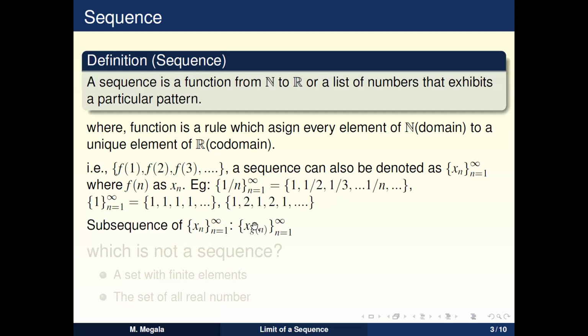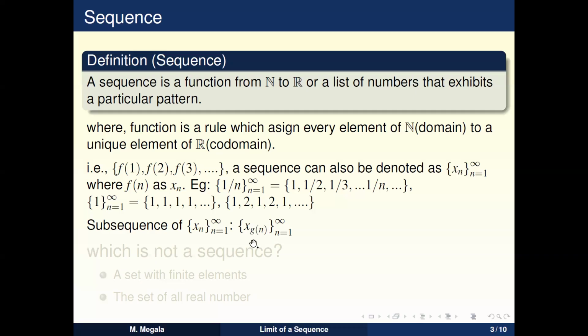Otherwise g of n can be anything. So my first entry in this subsequence can be the 10th entry in the sequence. Whatever function we define, the subsequence will obey this definition.